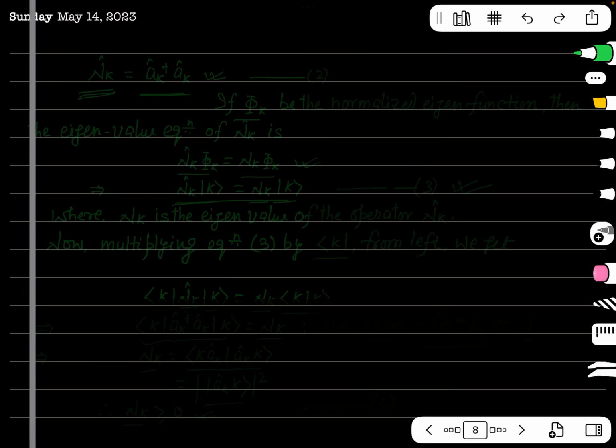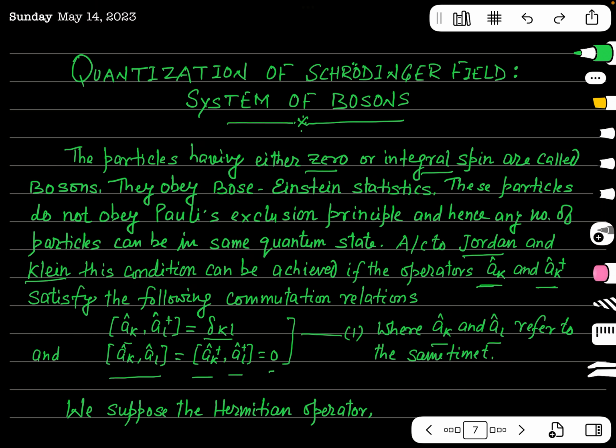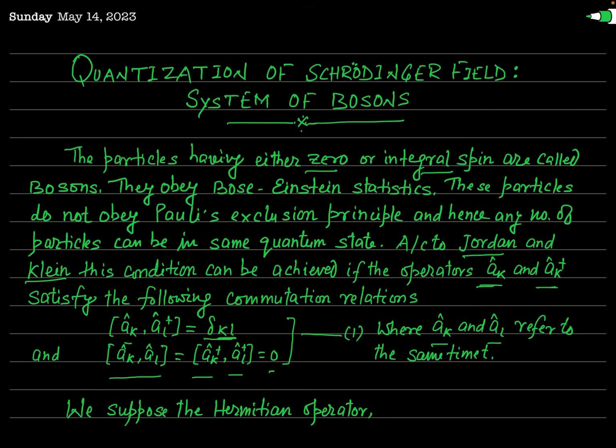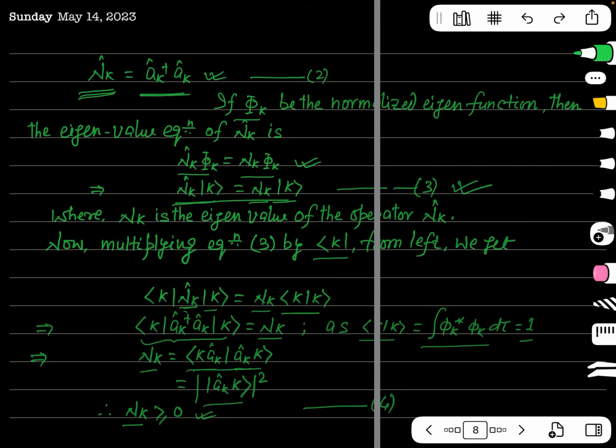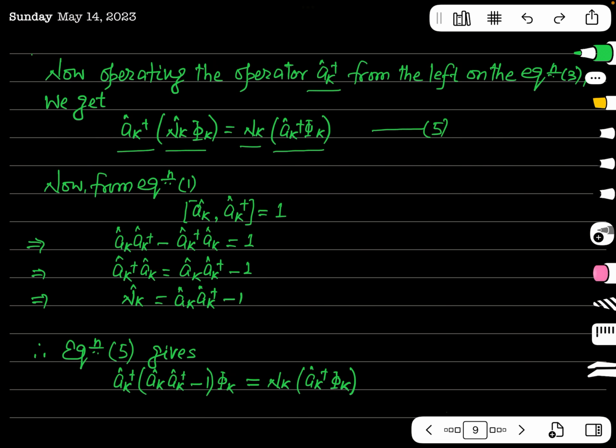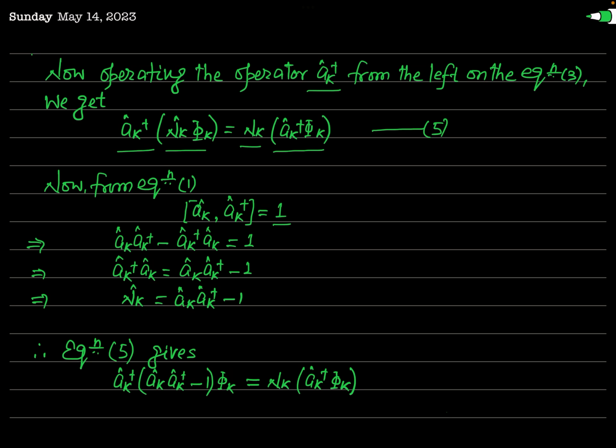As I told you earlier, when k is equal to L, this Kronecker delta will be equal to 1. So if you replace this L by k, it means you are taking k equal to L. Then in the RHS, in the place of the Kronecker delta, you have to write 1. So this commutator of ak hat with ak hat dagger will be equal to 1.